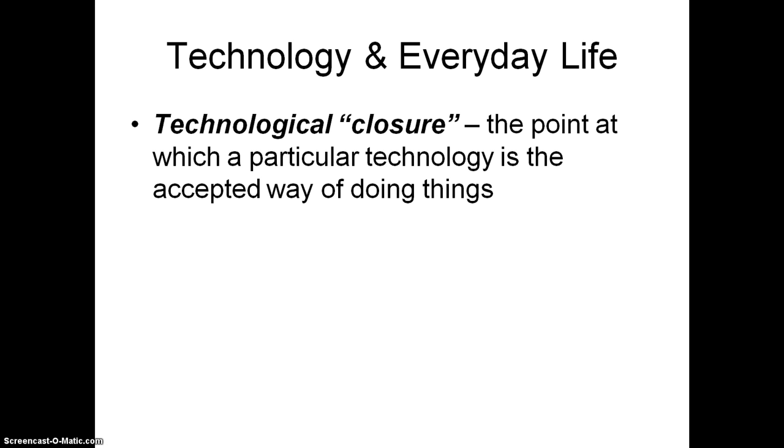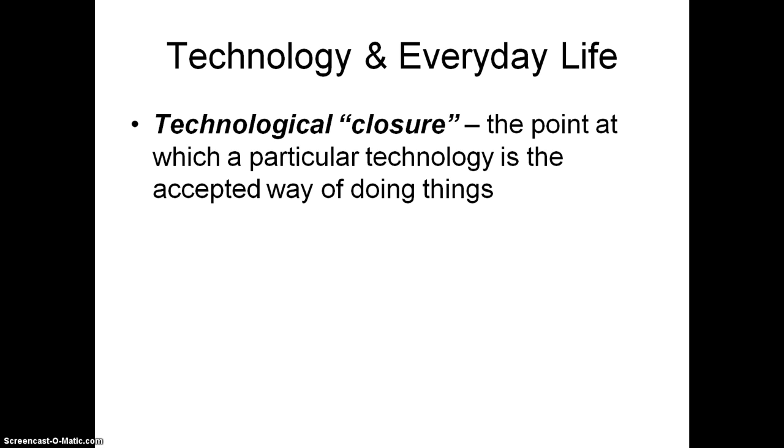Let's talk about technology in everyday life. There is a point at which using a technology just becomes part of life. And that point is called technological closure. It's the accepted way of doing things. We don't often think of it as something outside the norm. It's the norm.